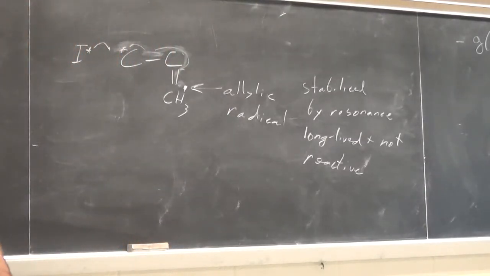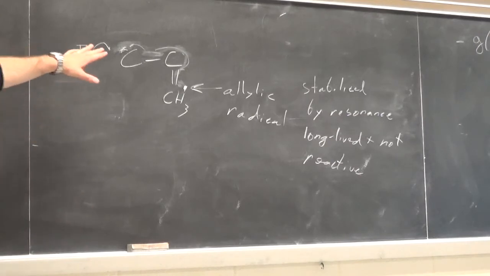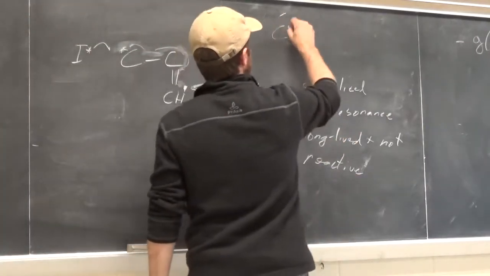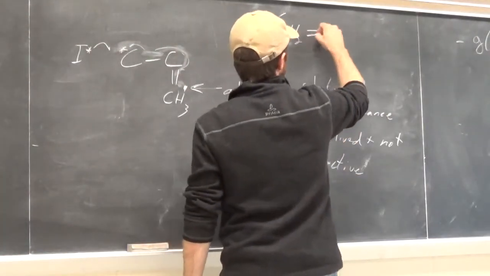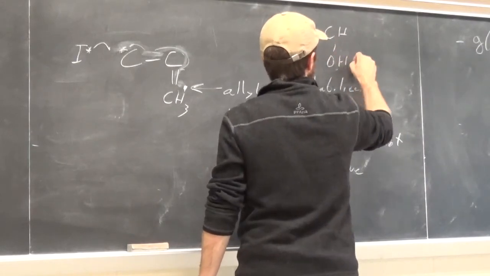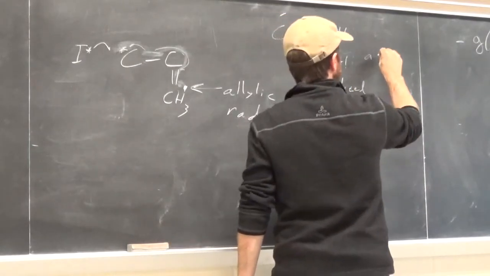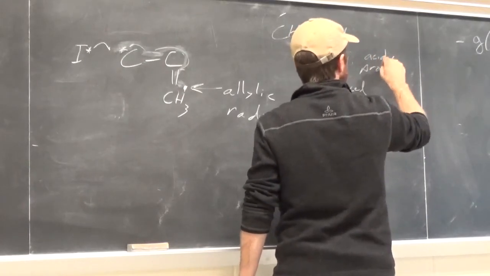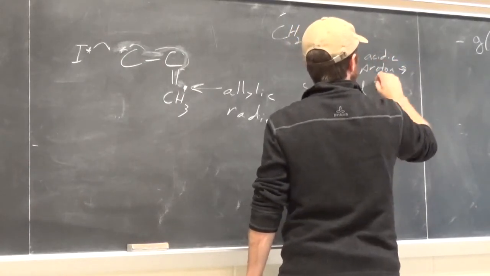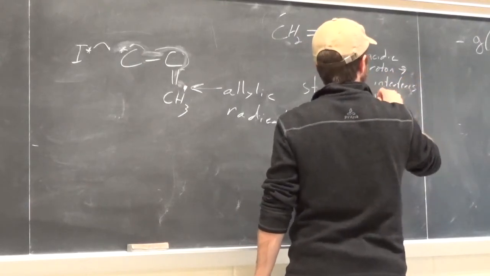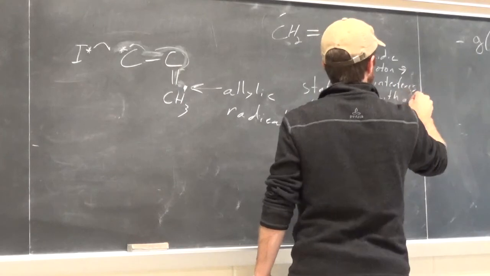But most other things with double bonds, unless you can form allylic radicals, will polymerize. So one thing that won't polymerize is vinyl alcohol, because this is an acidic proton and it interferes with radicals.